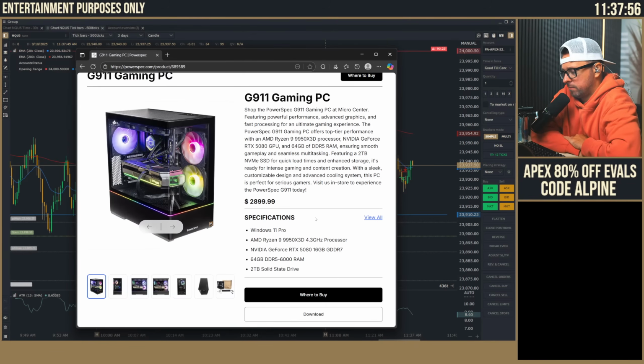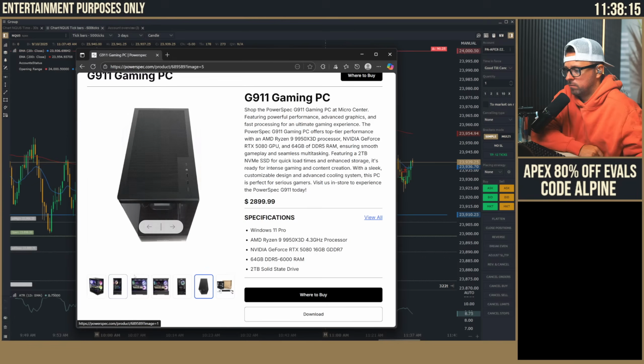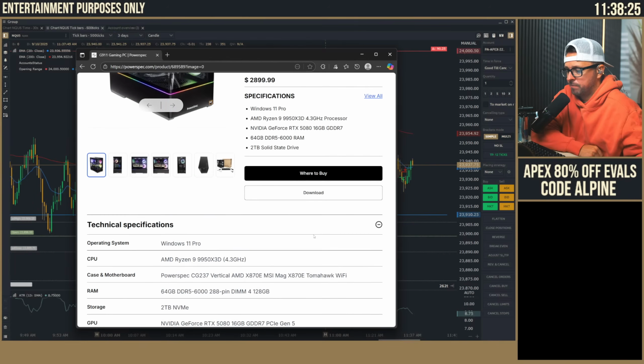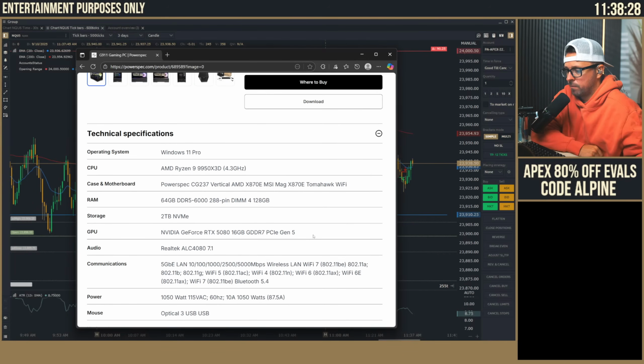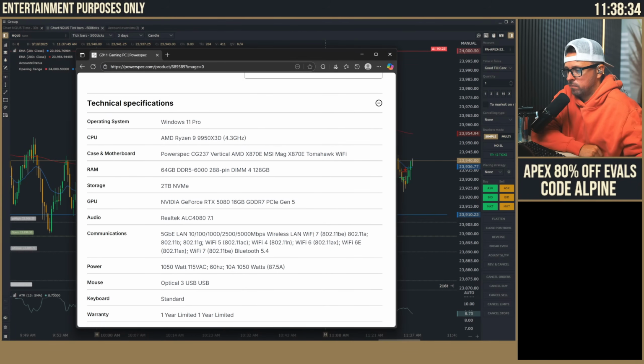These are the specs. It's a really good price. So Windows Pro, Ryzen 9950, 5080. All I need.